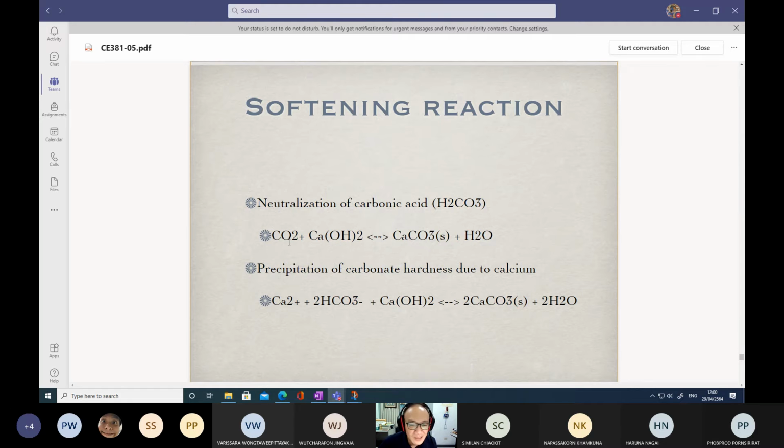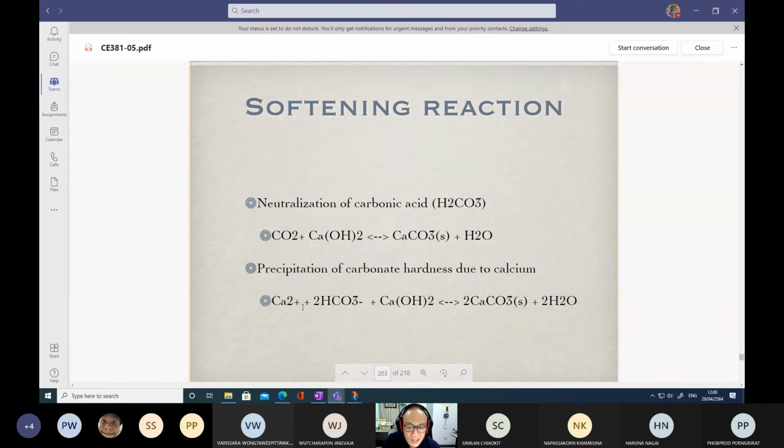The lime will neutralize carbon dioxide or the carbonic acid, and once it reacts with the carbon dioxide in water, it becomes calcium carbonate. This is the precipitate form. This one is nothing about the hardness removal, but just adjusting the pH to be above 11 and also neutralizing the acidity in water due to the dissolved carbon dioxide.